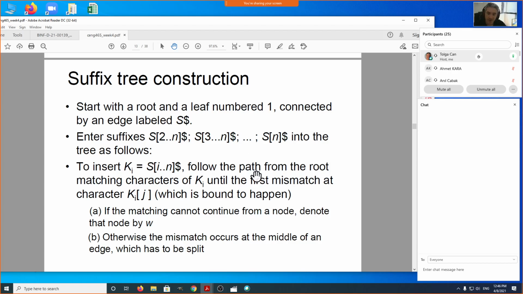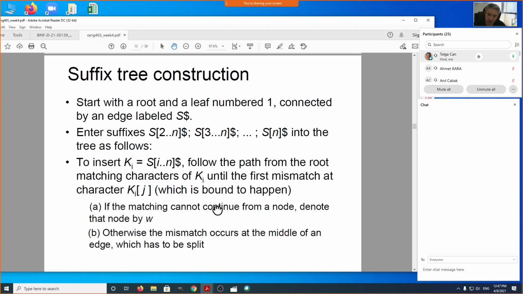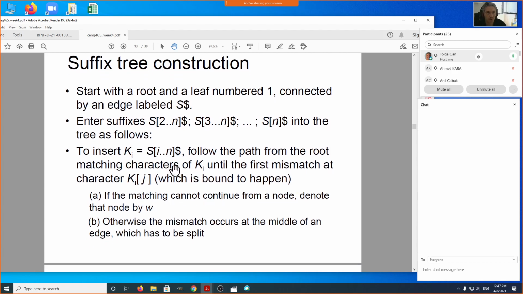So what we are going to do is start inserting suffixes, starting with the entire string, which is the first suffix, and then the second and third one. Each of them ends with the character $. What we are going to do is follow the matching algorithm for a suffix.